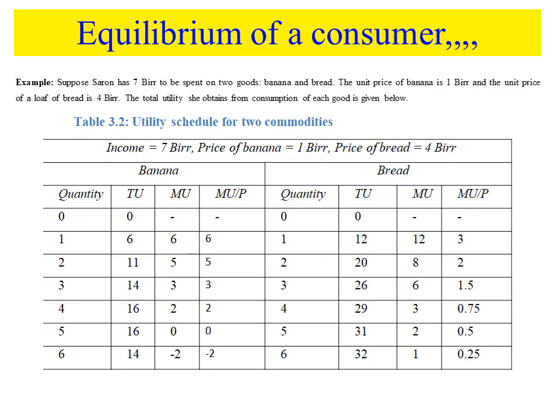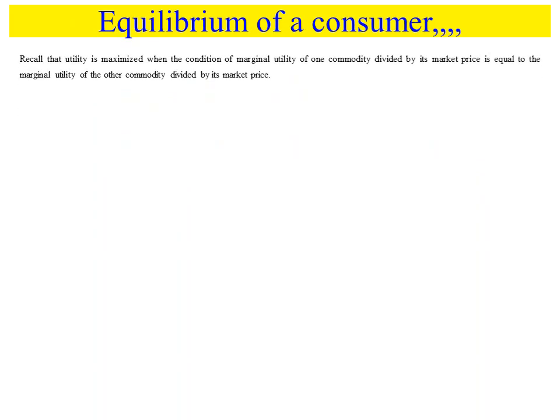Totally, let us see from the following formula. We can get it directly from the formula. Also, we can get it by using this table, but let us see the example by using formulas. Recall that utility is maximized when the marginal utility of one commodity divided by its market price is equal to the marginal utility of the other commodity divided by its market price.